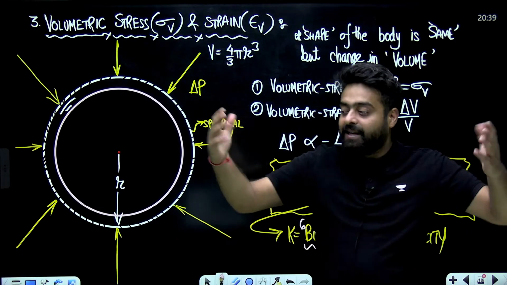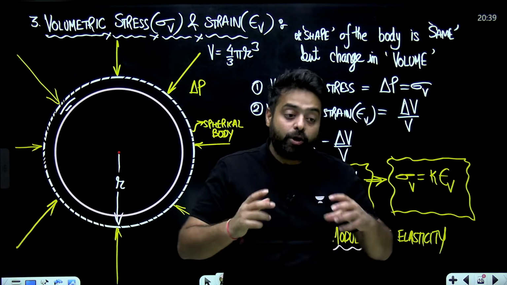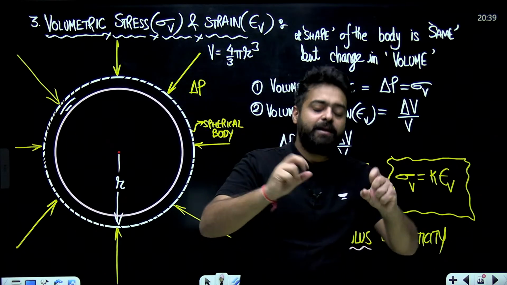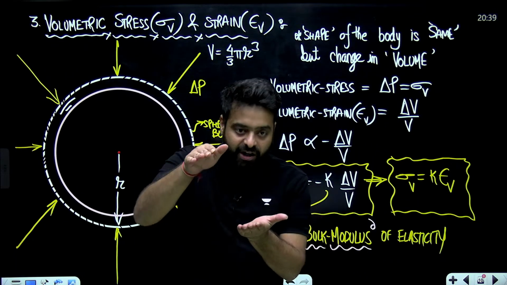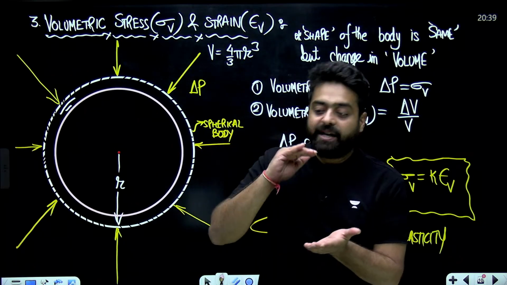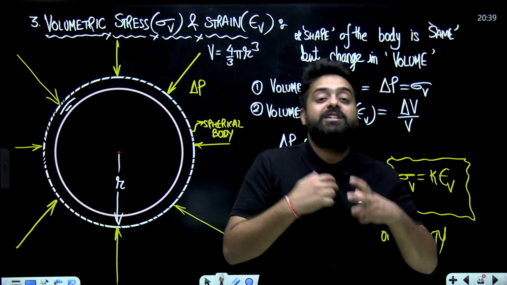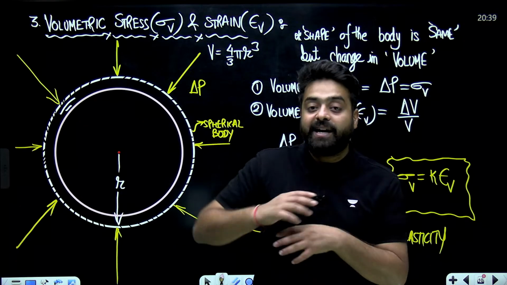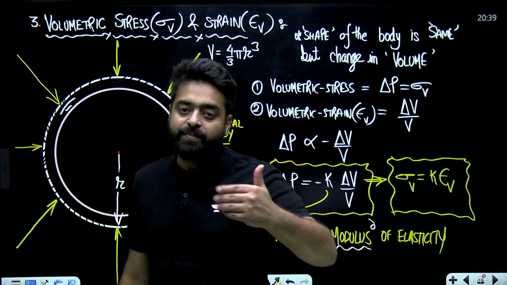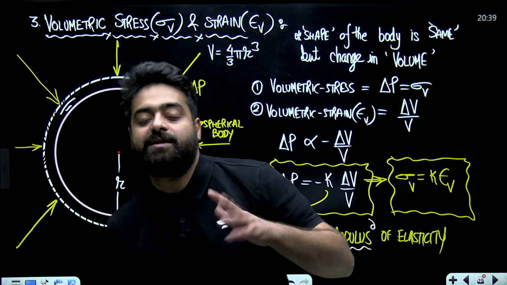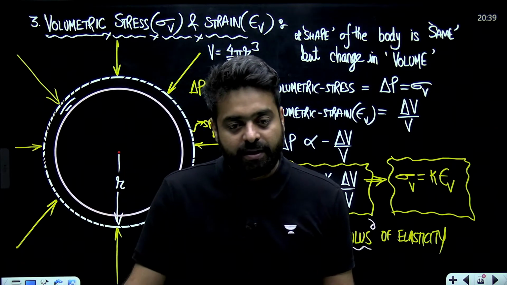When the length gets changed, that was determined by the scientist Young. That's why it's called Young's modulus, or simply the elastic modulus. When applying a shear force, it distorts the shape. That is based on the rigidity of the body. If your body is not rigid, it gets sheared. That's why it is called the shear modulus, or simply the rigidity modulus. That's it.